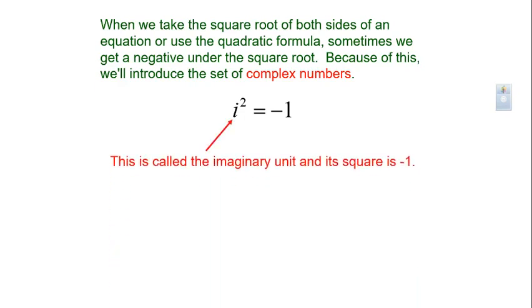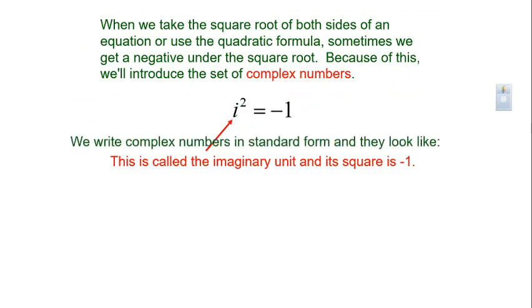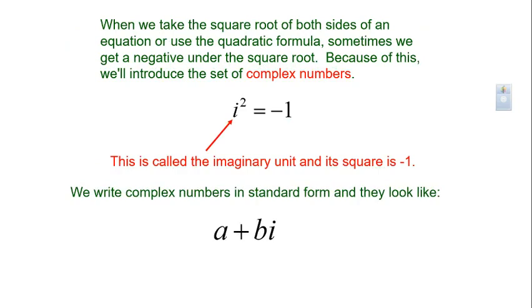It is called the imaginary number because there is no real number that when you square it, you get -1. However, even though it's called the imaginary number, it's a very important number. It's not a fantasy.